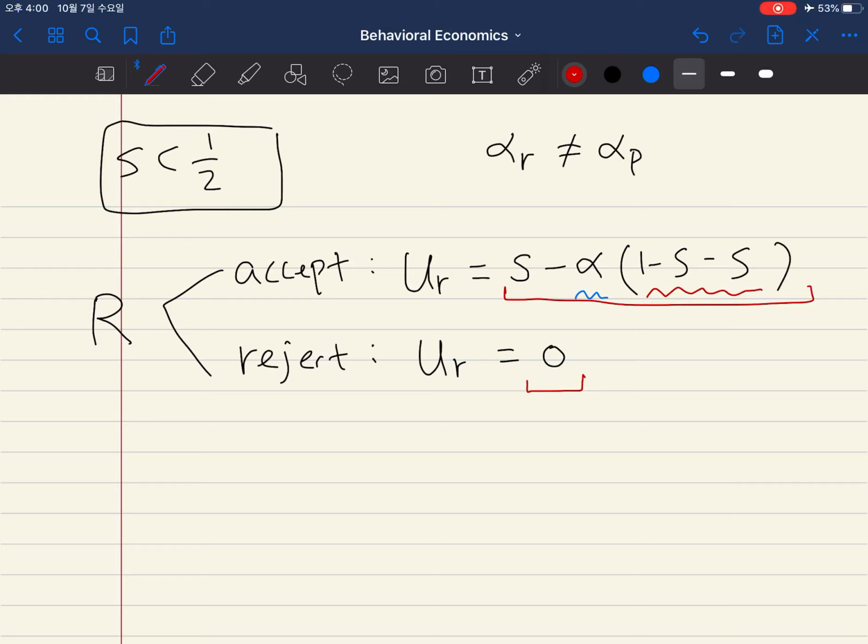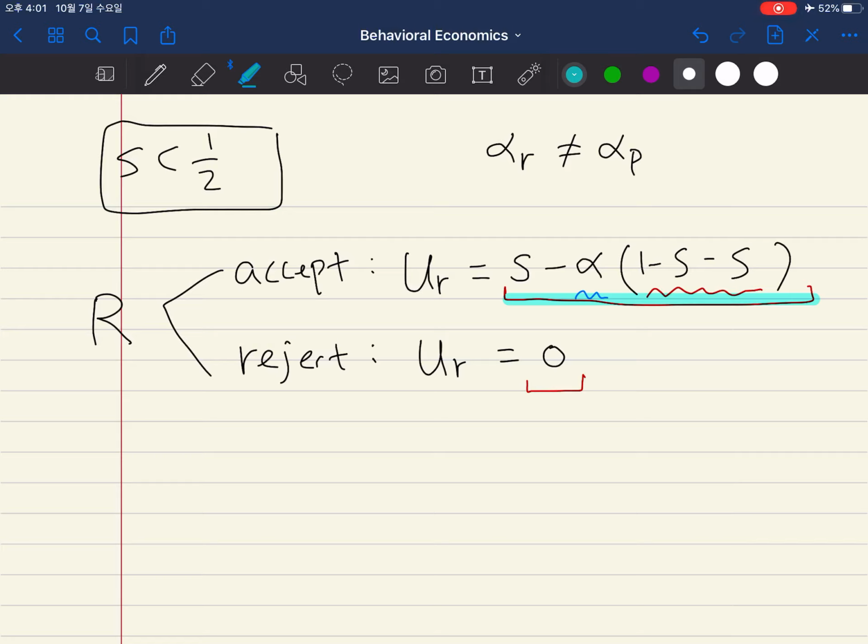We can see that if this blue expression is bigger than 0, then responder is going to accept the offer. Otherwise, responder is going to reject. In other words, if the blue expression is a negative number, then responder is going to reject. So is it possible that this blue expression is negative?